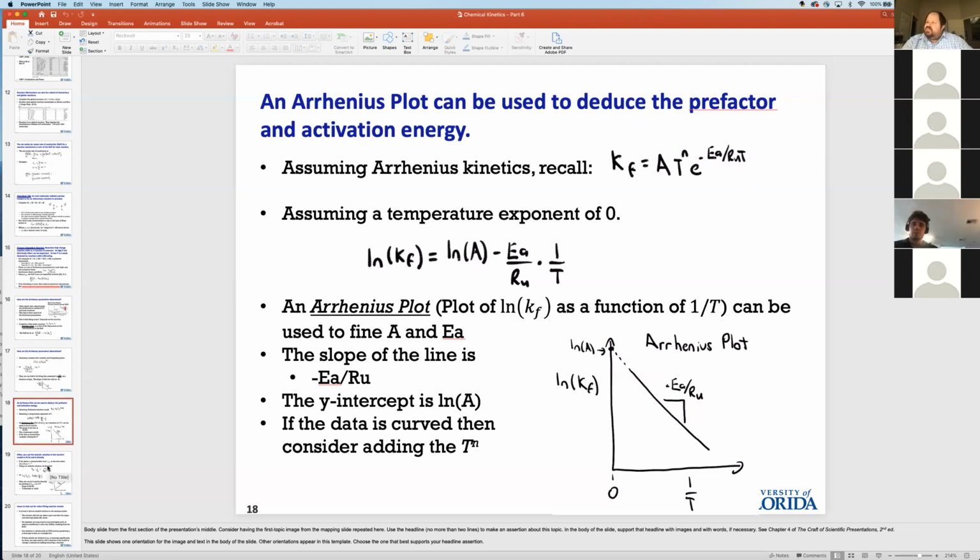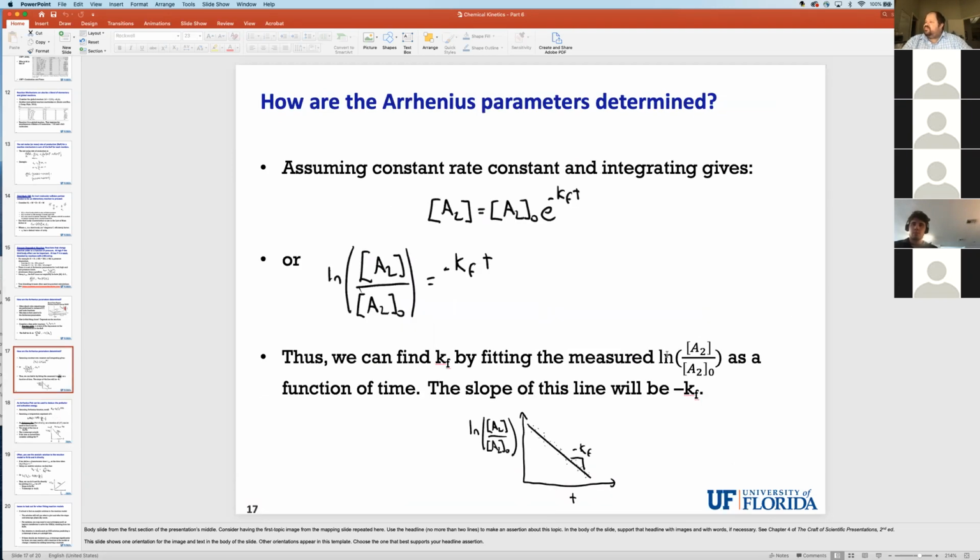So a procedure for finding Kf and all these Arrhenius parameters would be to do a series of experiments at various pressures and temperatures, and then find Kf as a function of pressure and temperature.